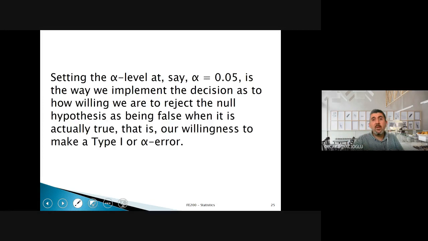And that mistake is 5%, might be 5%. All right, this is the level of our willingness. So every time when you do a statistical test, let's say with an alpha equals 0.05, you are giving your answer that, okay, I might be wrong 5% by chance, okay, but I reject this hypothesis.